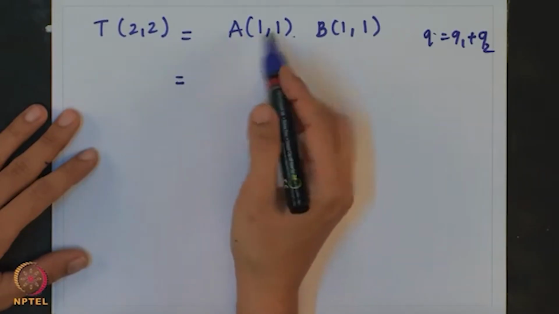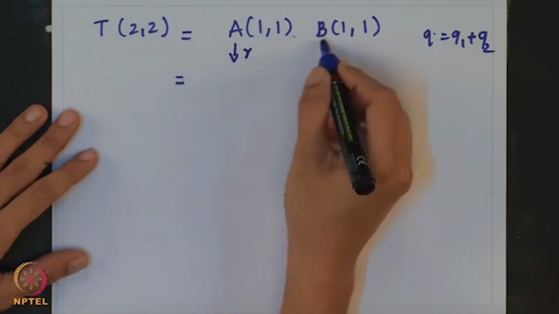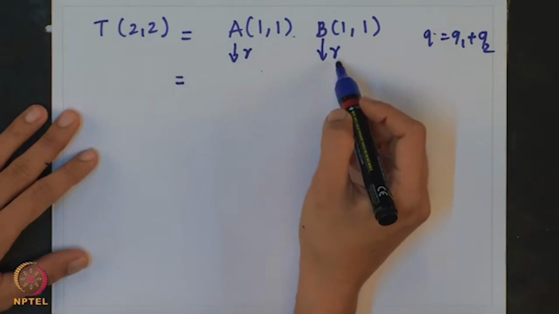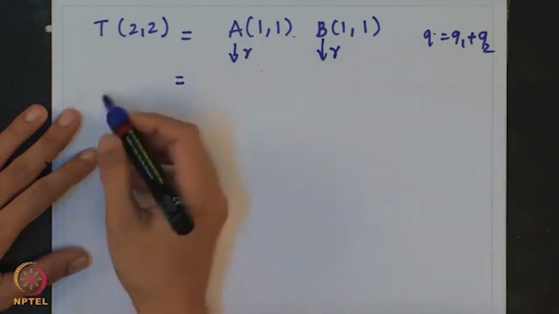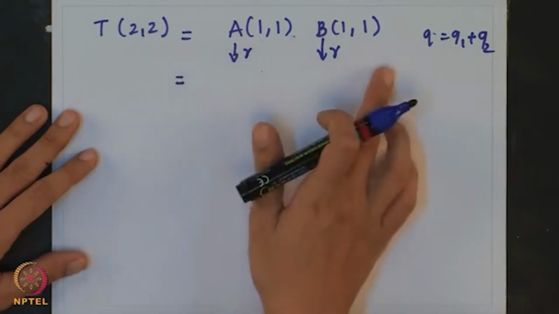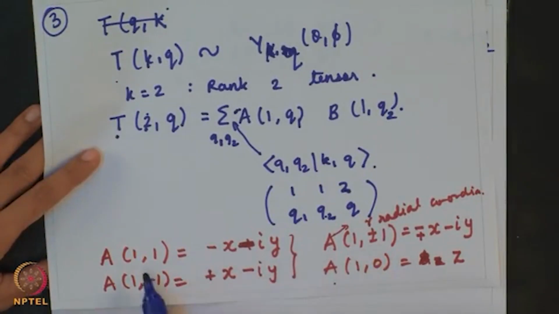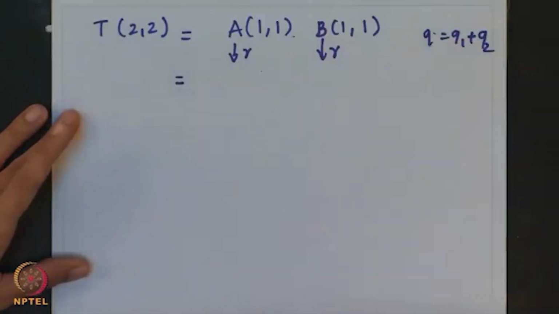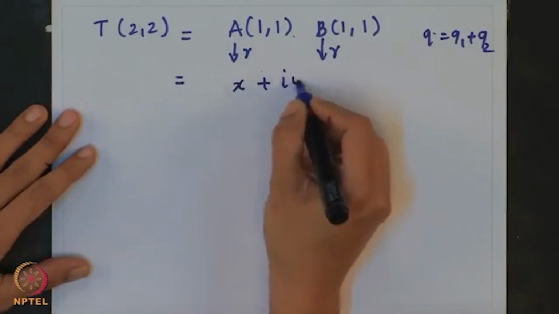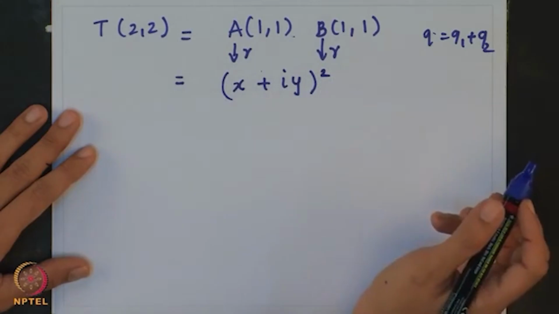So with this I can play around. If I assume that these are the radial component only, A is a radial component, B is also a radial component, then my A 2 comma 2, when I write in terms of the previous thing which I showed you, 1 comma 1, I will have simply this as x plus iy the whole square, correct.